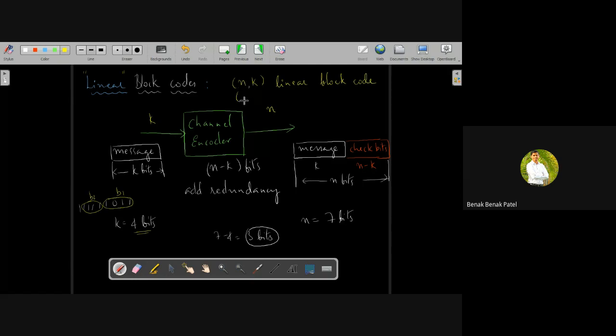If I take this as my example, I can rewrite it as (7, 4), because we fed 4 bits to this channel encoder and right after that we got 7 bits as output. Here 7 is the value of n and 4 is the value of k. So I can rewrite it as a (7, 4) linear block code, or LBC.